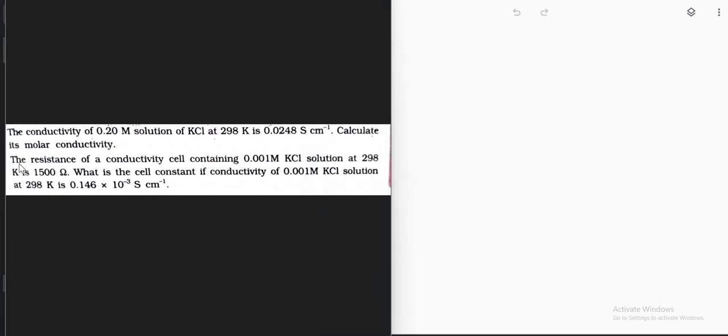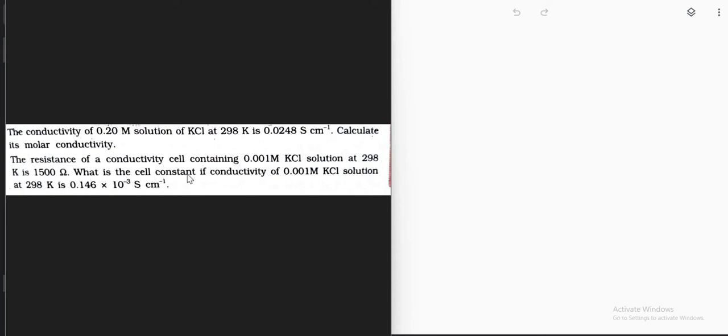Question number 2, let me read that. The resistance of a conductivity cell containing 0.001 molarity potassium chloride solution at 298 Kelvin is 1500 ohms.